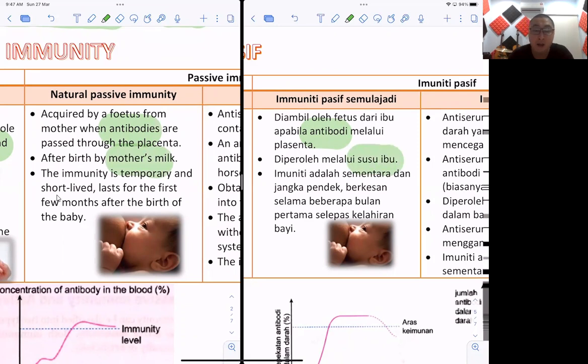Okay, and a lot of people have some misconception about mother's milk, you know. A lot of people do not know, especially my students, that mother's milk is very, very important. Why does this antibody in the mother's milk allow the baby to have this kind of immunity?